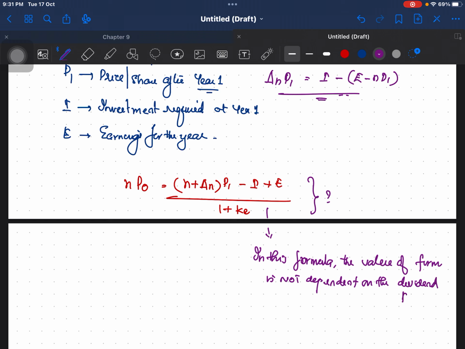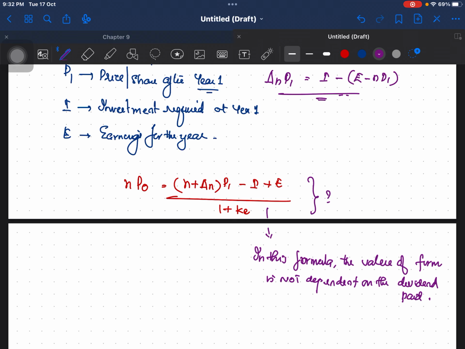There is no mention of any dividend paid in this formula. That is why this hypothesis says that the value of the firm is not dependent on the dividend policy that the company or the firm follows. I hope this is clear.